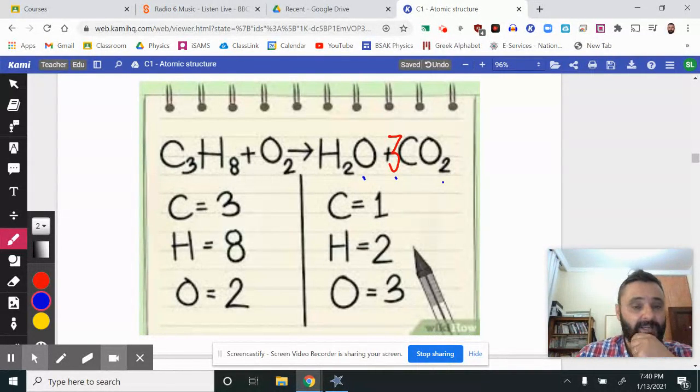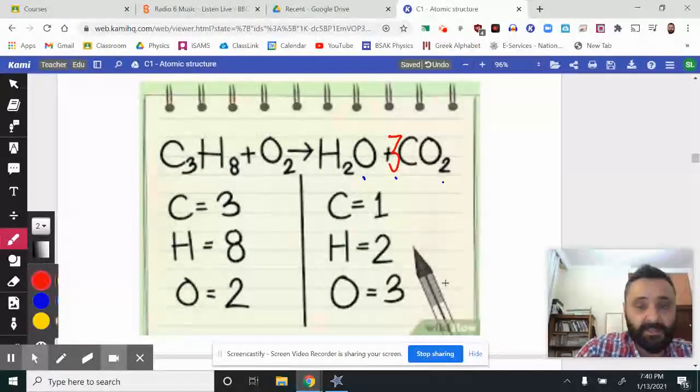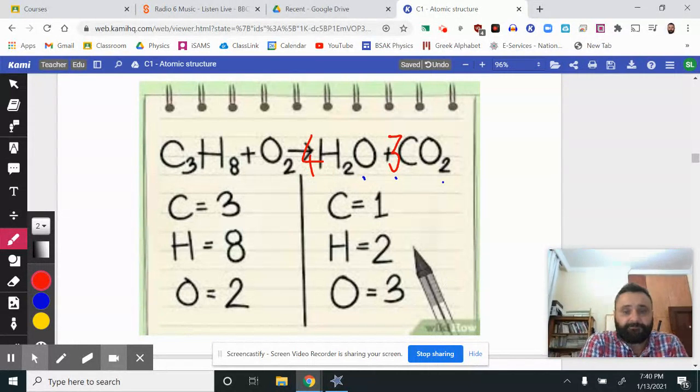We have 8 on the left, 2 on the right. So what we need to do there is say 4. Okay, so 4 times 2 is 8. So we've got 8 on the right, 8 on the left. Okay, so hydrogens balanced, carbons balanced.